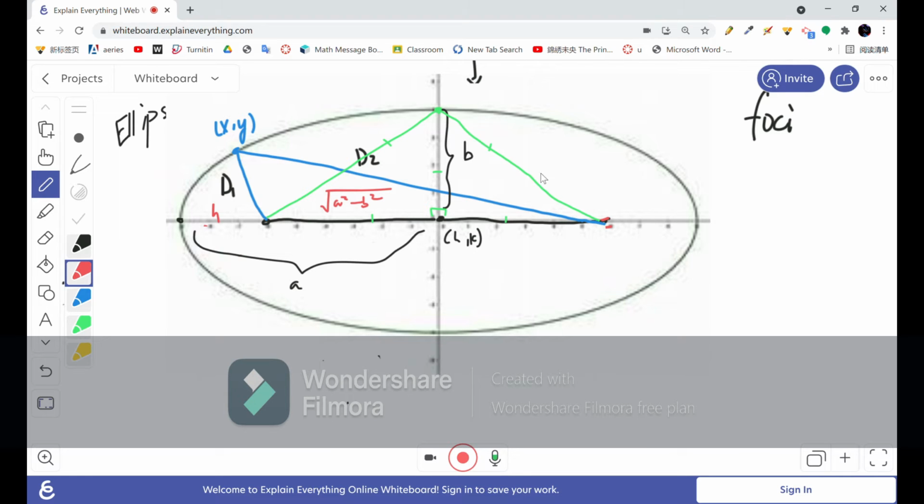To make the calculation easier, we're going to let the square root of a squared minus b squared equal p, since this makes the calculation easier. Sorry for that.